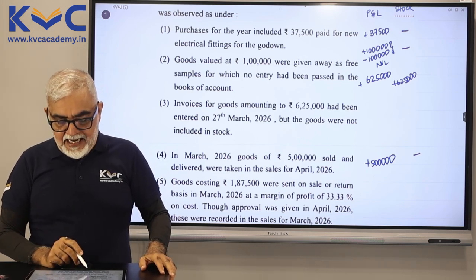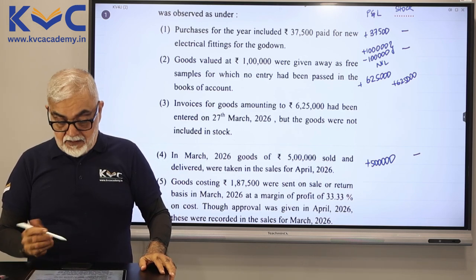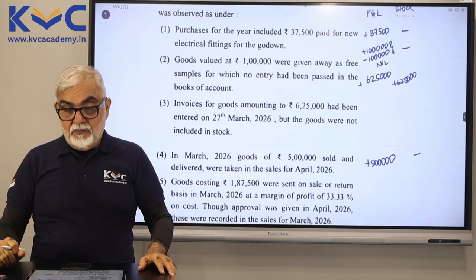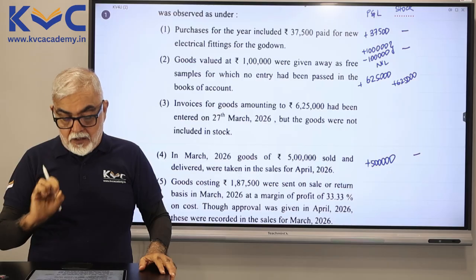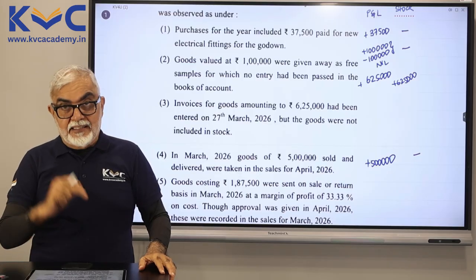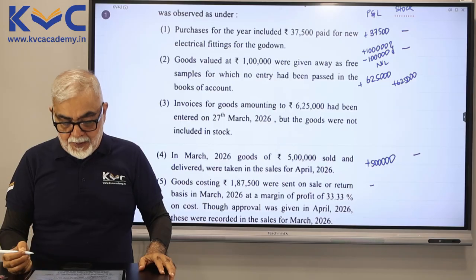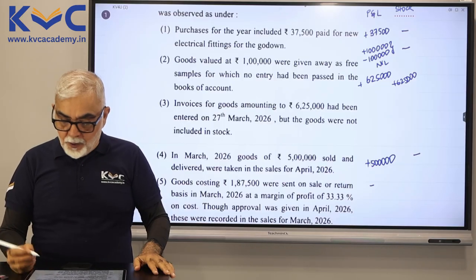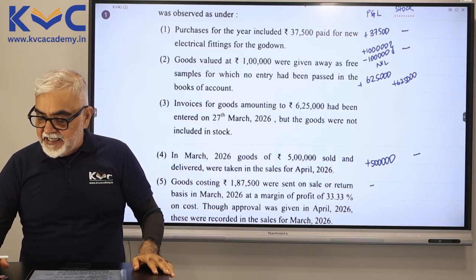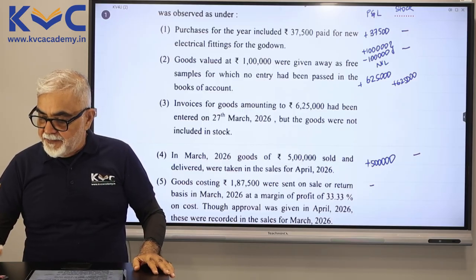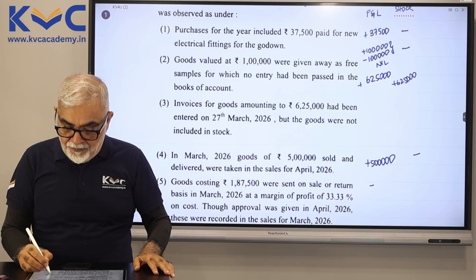Goods costing 1,87,500 were recorded as sale at 33 1/3% on cost. So 33 1/3% of 1,87,500 I have included in my profit. I have to remove that, which would be 1,87,500 divided by 3. 1,87,500 divided by 3 is 62,500.